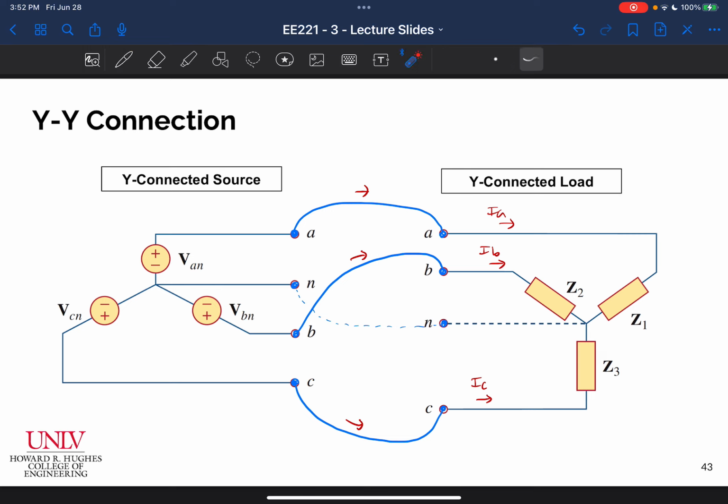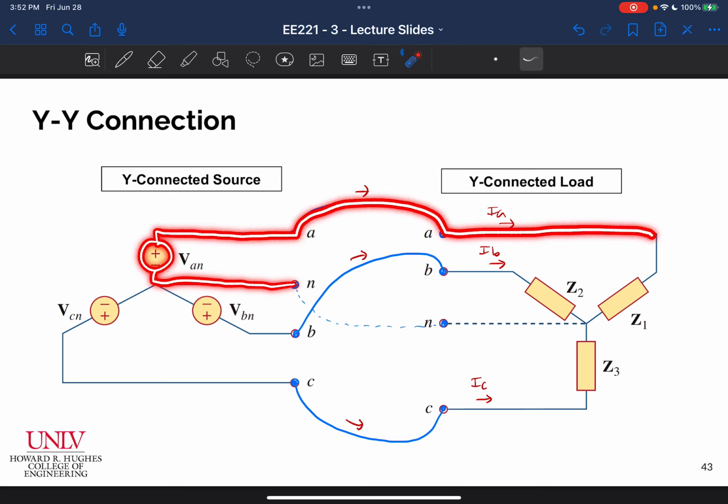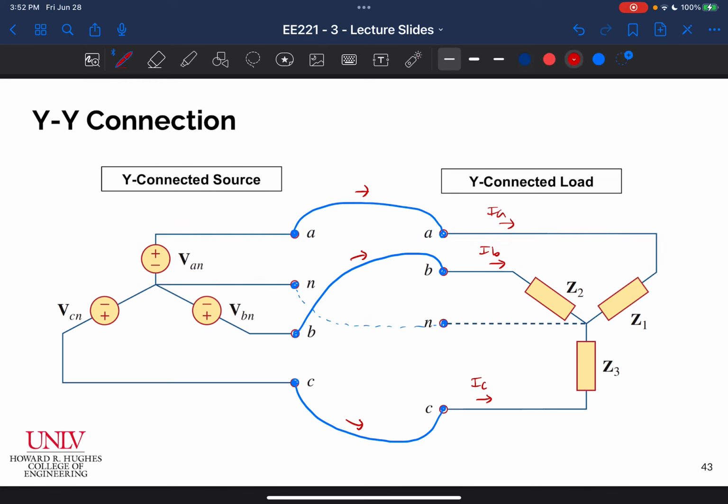If you take a look at the loop, if I just want to use KVL, I have a connection from VAN all the way across here to a single load, Z1, and then back. And so I can use KVL and literally just redraw that circuit.